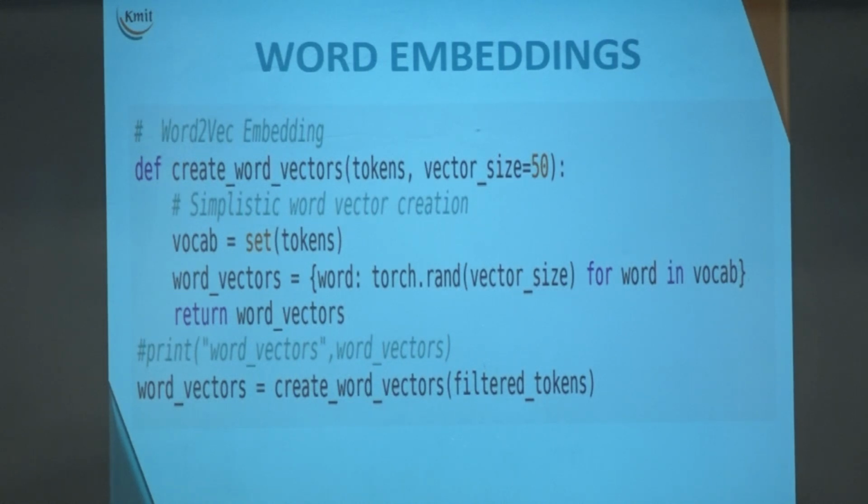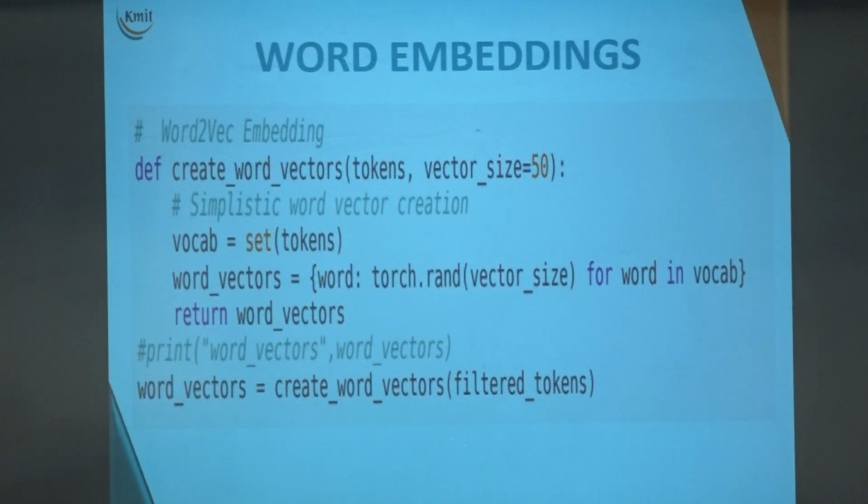For these vocabs, you will decide if you are going to create your own set of vectors or use any pre-trained vector model like a GloVe model. Because it's a very small example, I want to show how things happen from scratch. We will randomly generate our vectors.